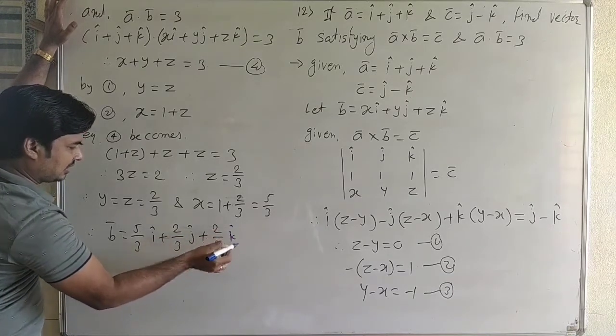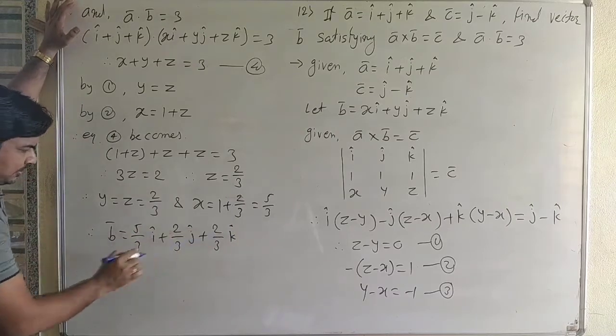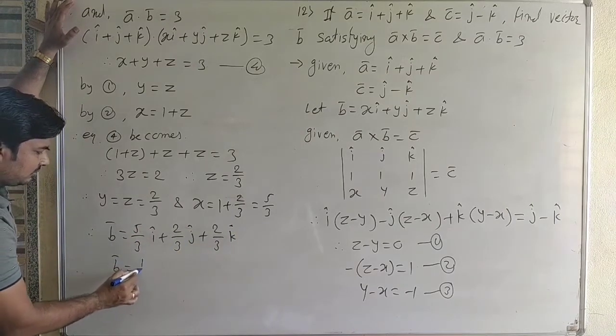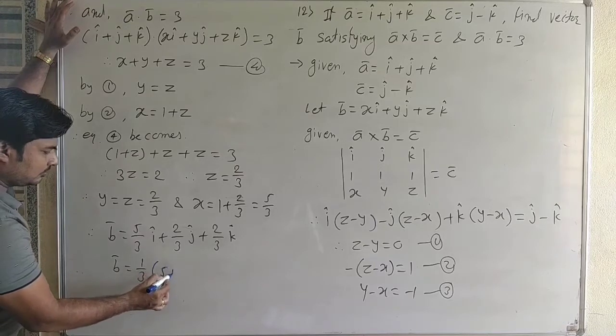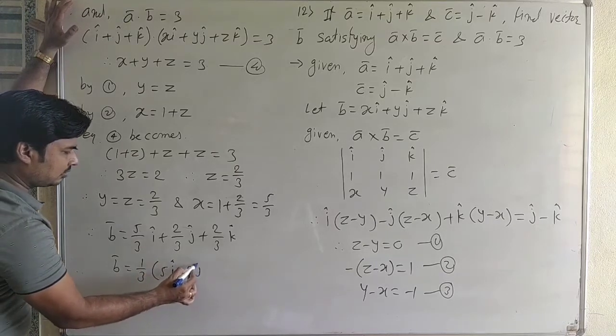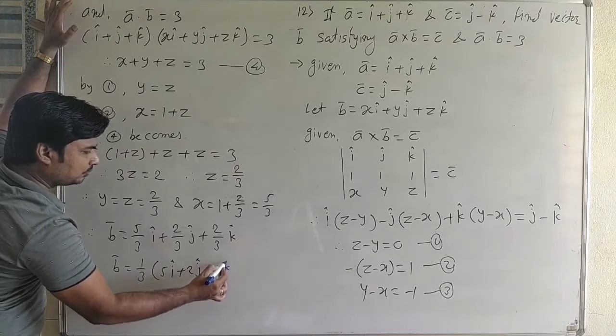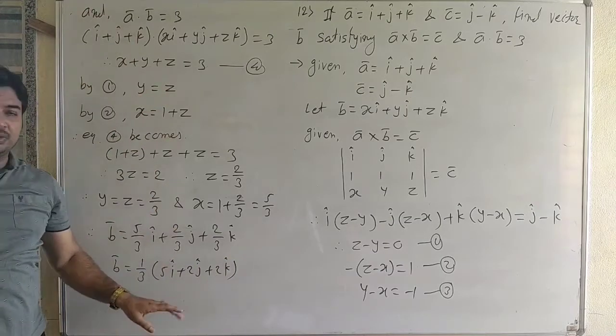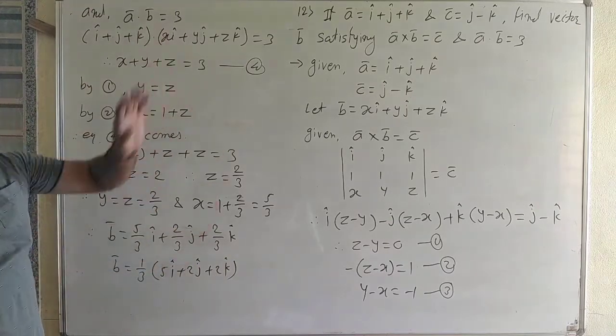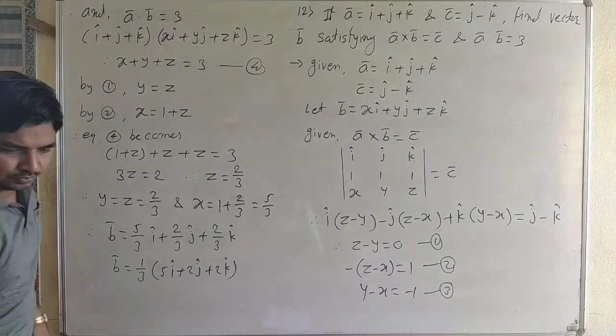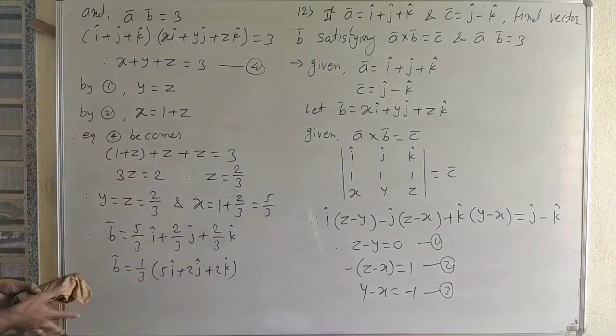This is the final answer for b bar. You can also write it as 1 by 3 into 5 i cap plus 2 j cap plus 2 k cap. It is the value of vector b bar. See carefully. Now we see the next example.